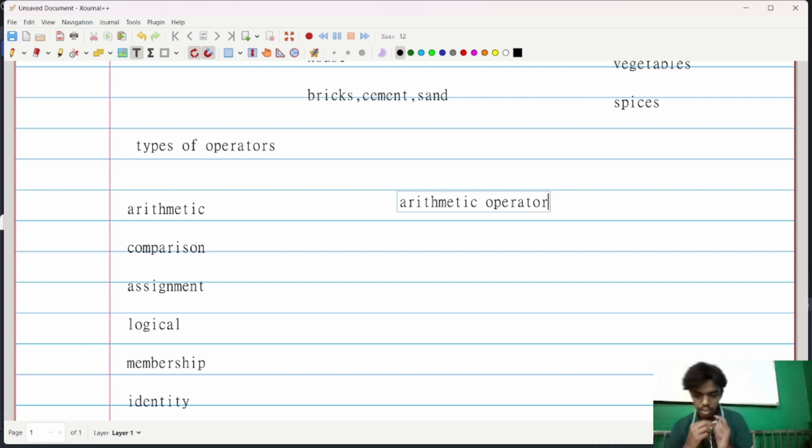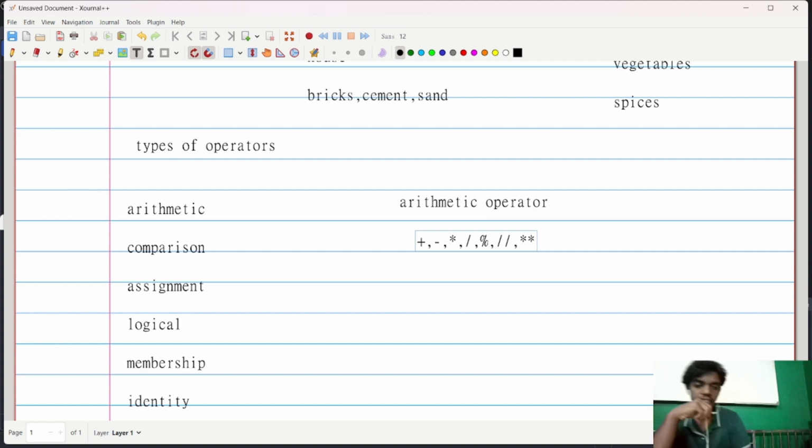Let's go then. Let me list all of the operators. It's the plus sign, minus, multiplication sign, division sign, then remainder or percentage, double slash, and then exponential, which is represented by double multiplication sign.